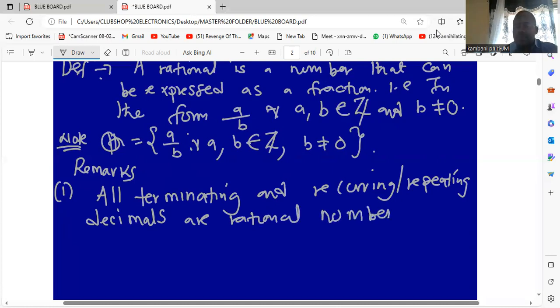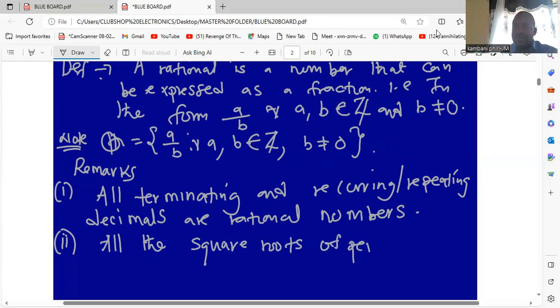Because they can be expressed as fractions if they are in lowest terms. You must be able to express the fractions in their simplest terms. All the square roots of perfect squares are rational numbers.